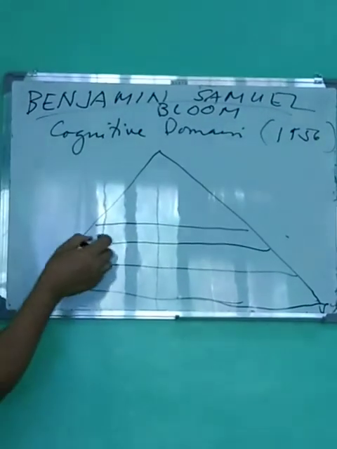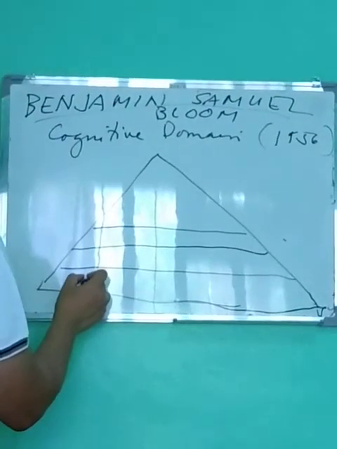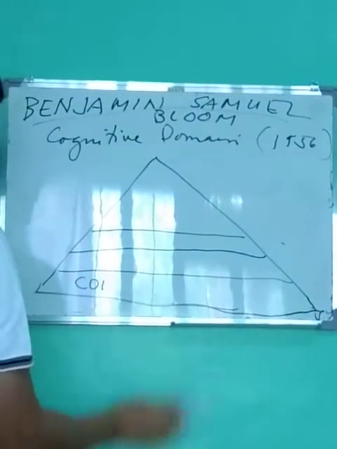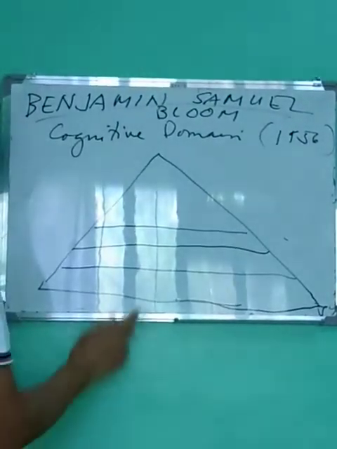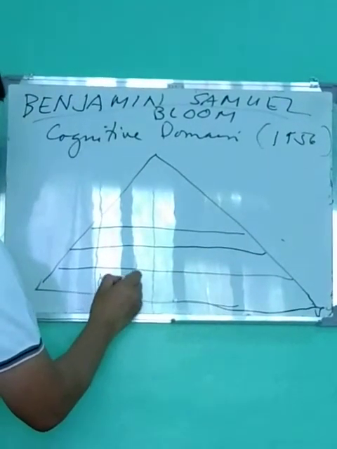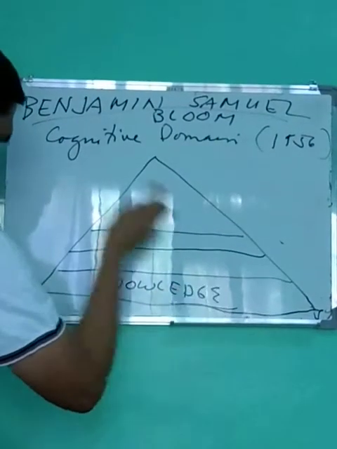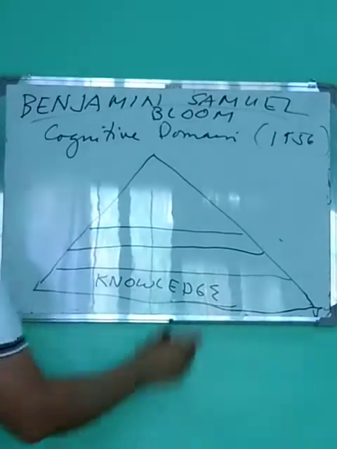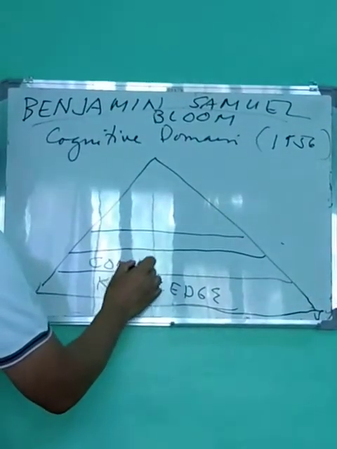Here, first, we have knowledge, or information, the same. Then we have comprehension.